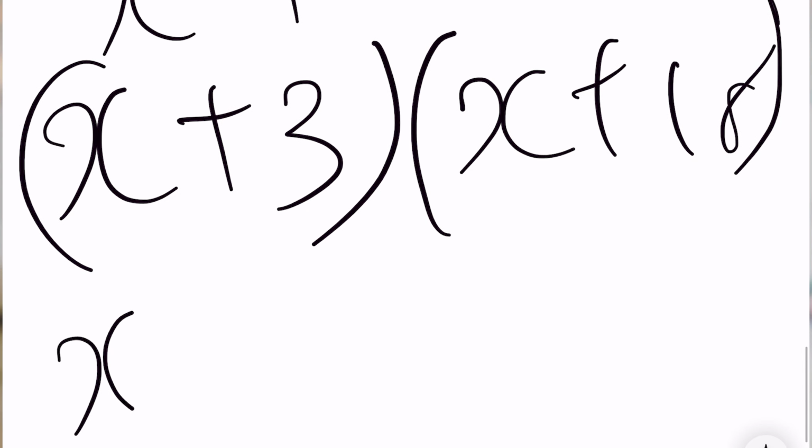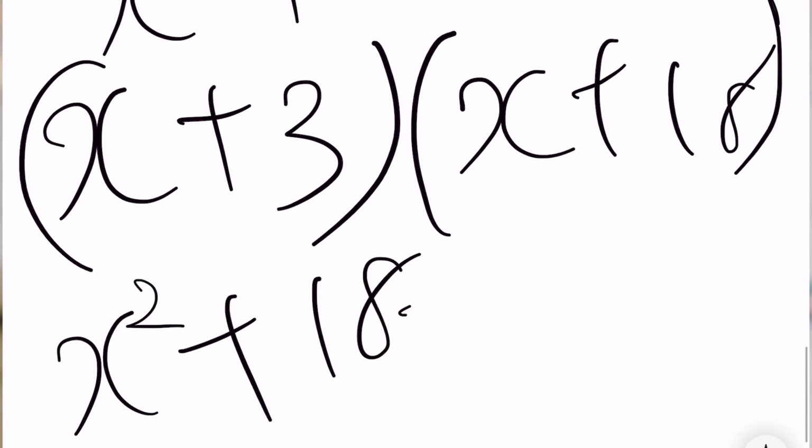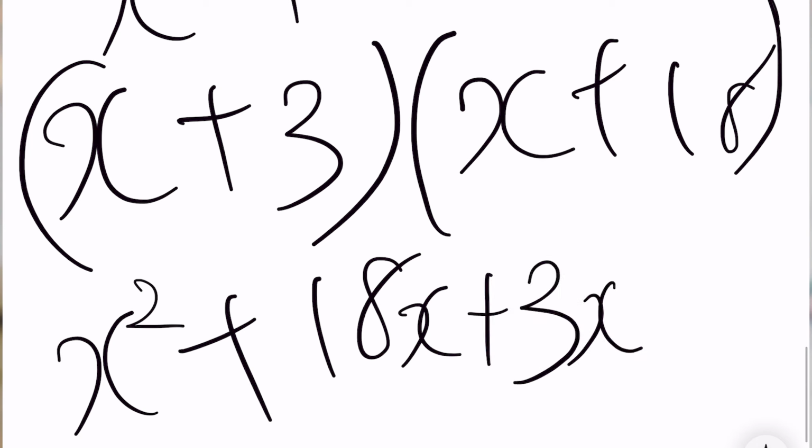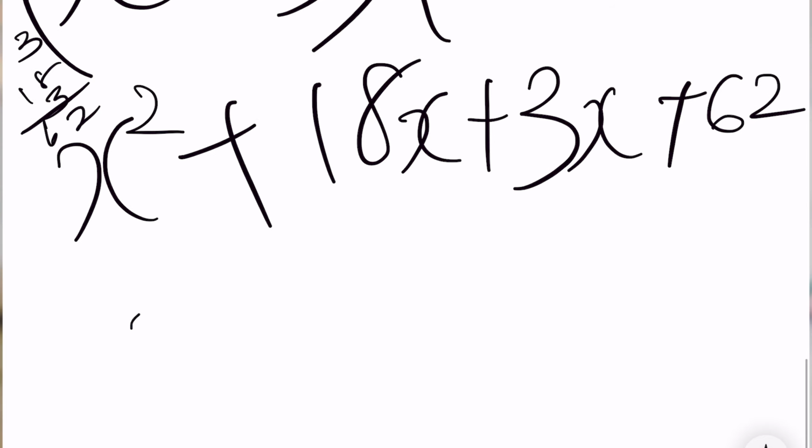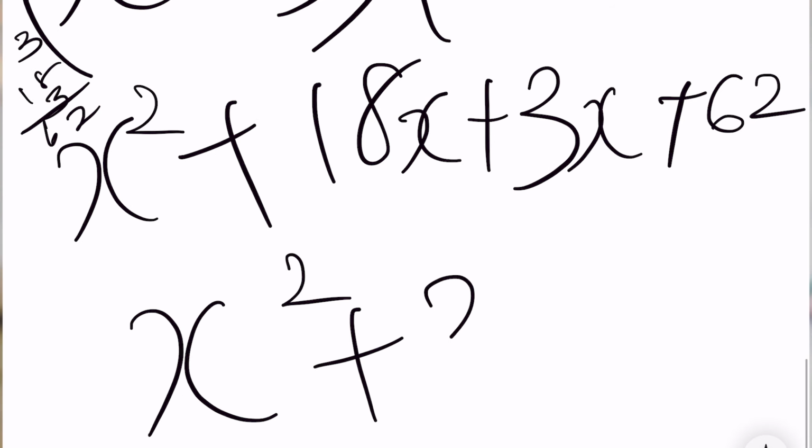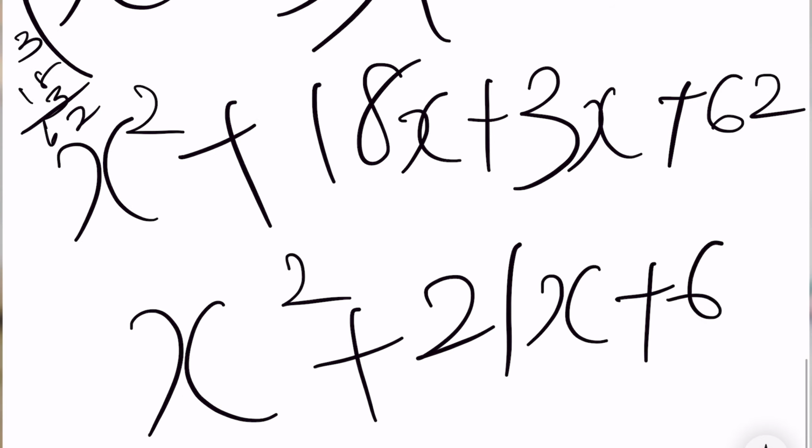So we have x squared plus 18x plus 3x plus 18 times 3, which is 54. So we have this to be x squared plus 21x plus 54.